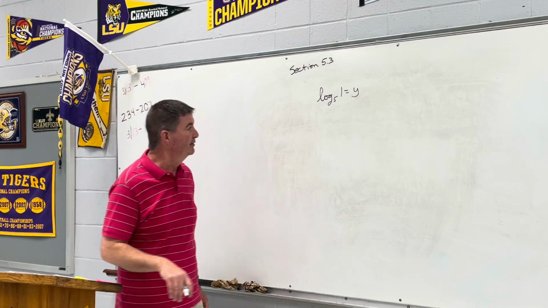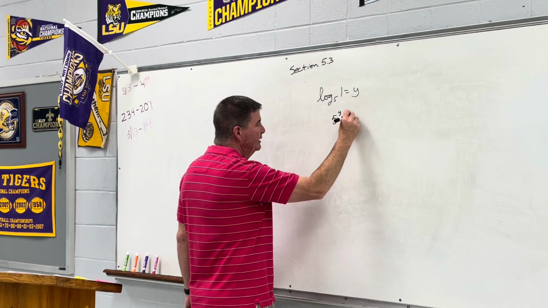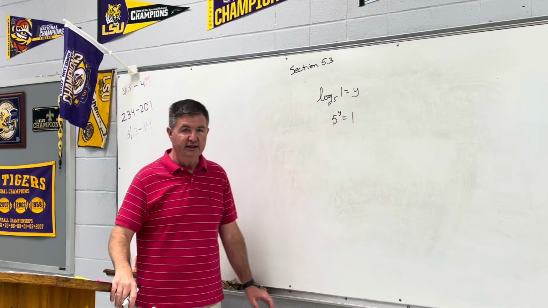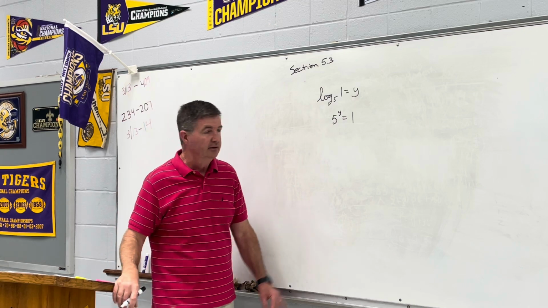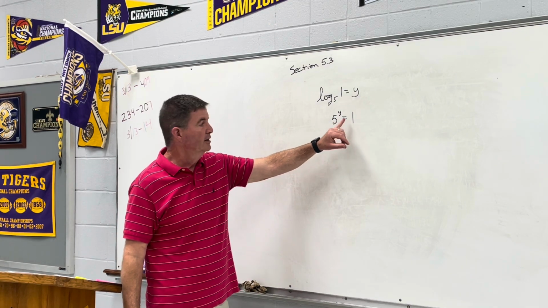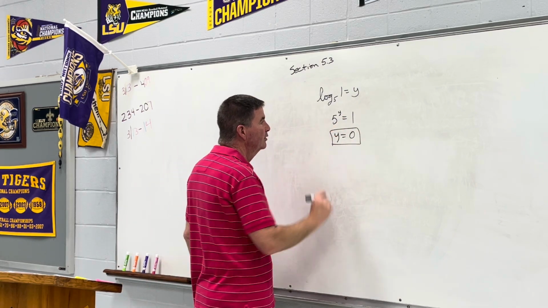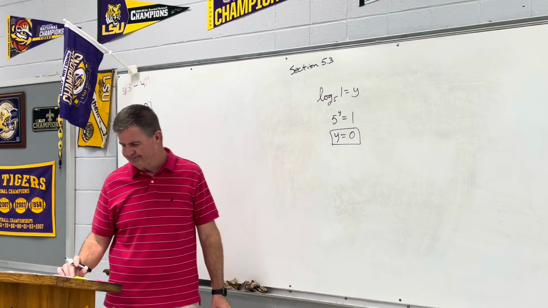This would be rewritten as 5 to the power of y equals 1. Again, as we discussed in another video, anything to the power of 0 equals 1, so we know that y equals 0.